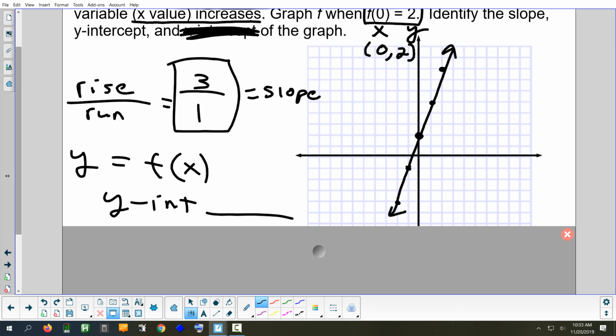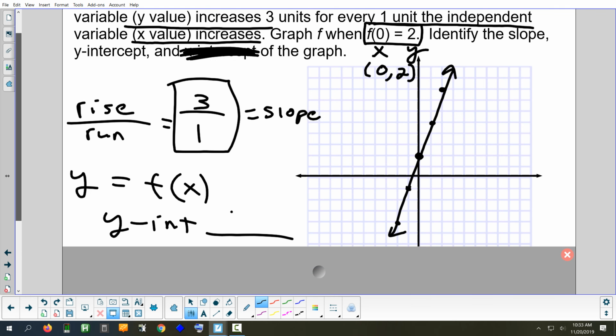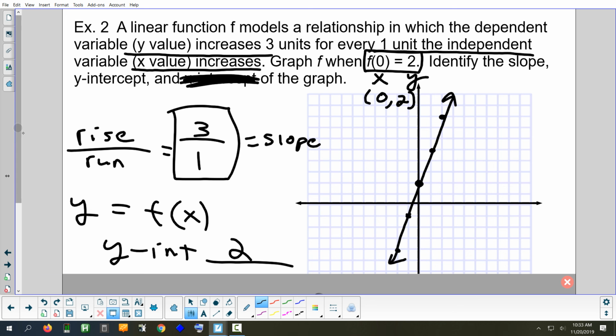That's how it would look on the test. Y-intercept. What's my y-intercept? 2. We're gonna skip the x-intercept. This one's a little tricky because it doesn't cross where I told you it would, so yours won't be like that. I think it would be like negative 2/3.